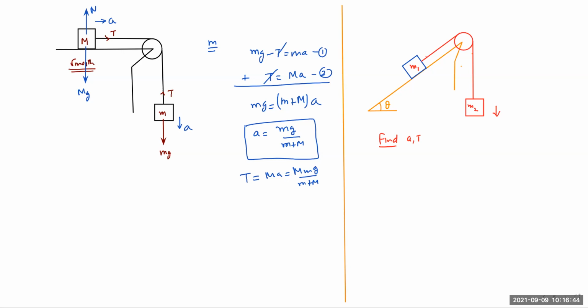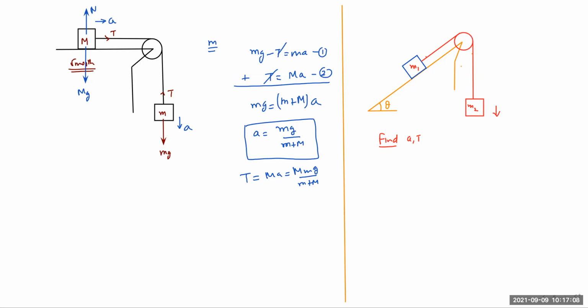It's very simple. Step one is draw the FBD. Don't think much. Step two, in fact, I will say just change the step: you first decide the possible direction of acceleration. Possible direction, like whether it will move or not, that's a different story. But what is the possible direction of acceleration?